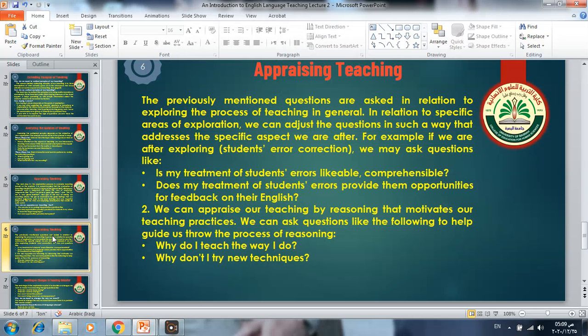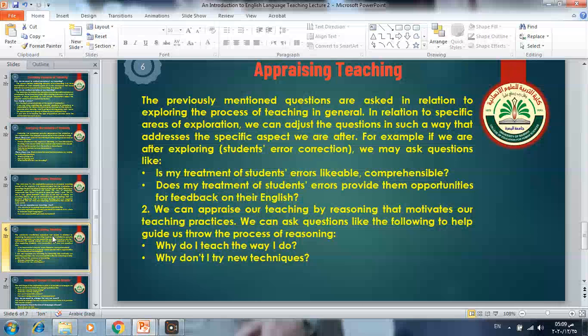For example, if you are after exploring a student's error correction, you may ask questions like, is my treatment of a student's errors likable, comprehensible? So you ask yourself this way.